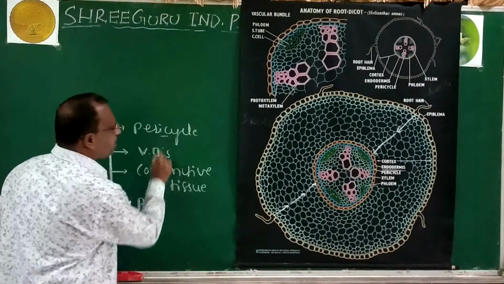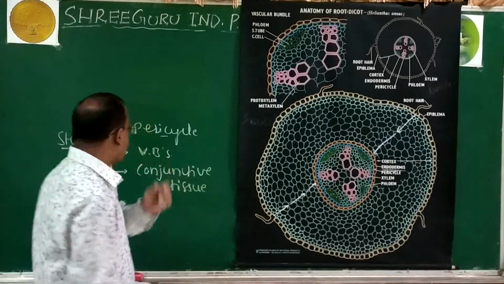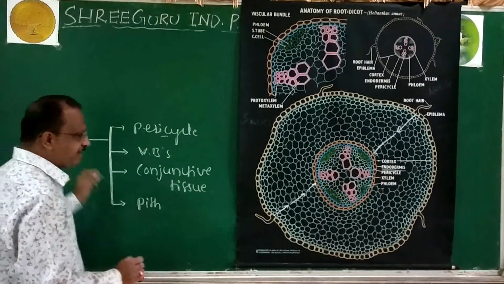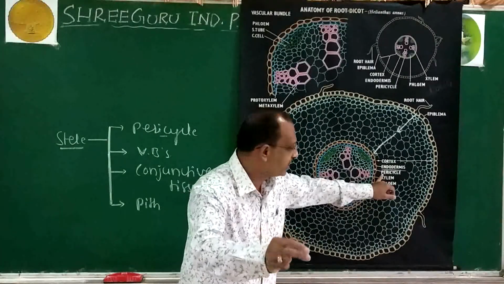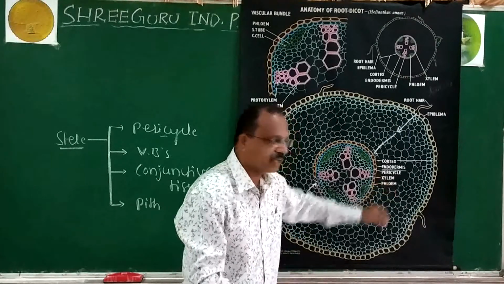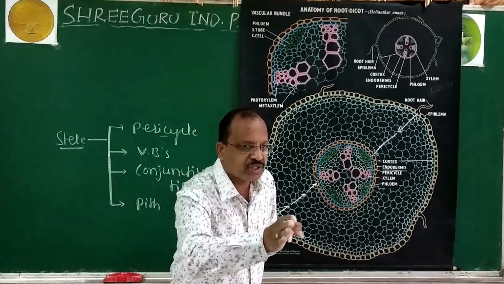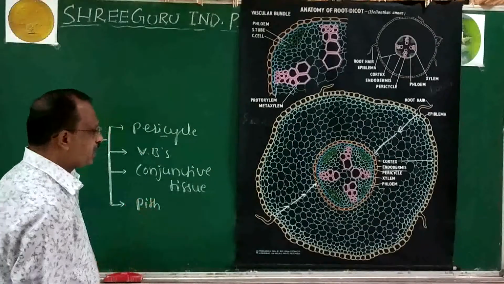First look over the pericycle. It is the outermost layer of the stele. It performs a very important function.